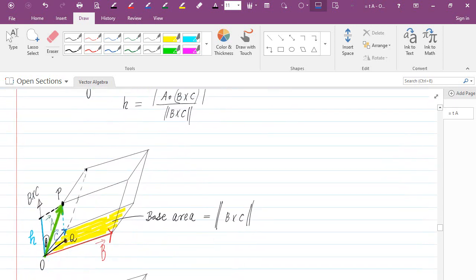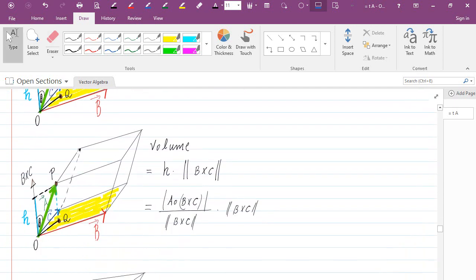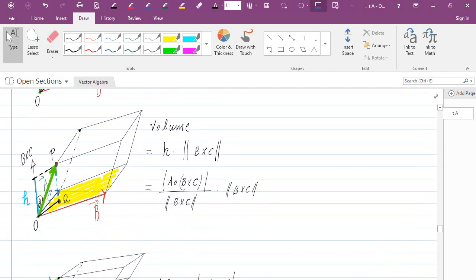So then what's the volume? Well, what is the area of the base here? What is the area of the parallelogram spanned by B and C? We saw in a previous video that the area of the parallelogram spanned by the vectors B and C is given by the length of B cross C. So then the volume would be the height times the area of the base.